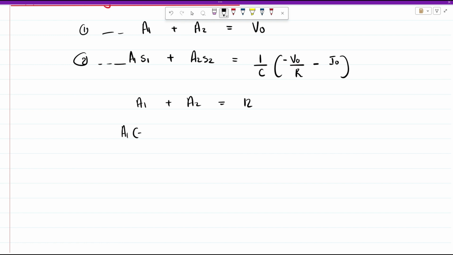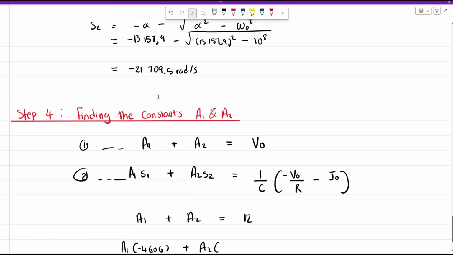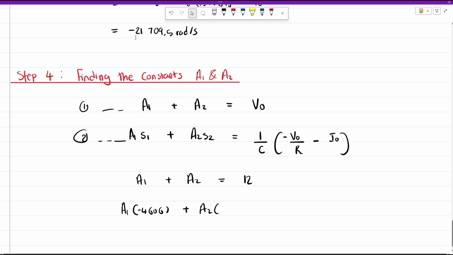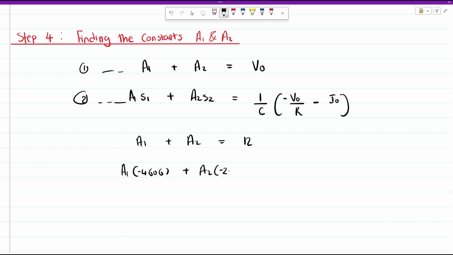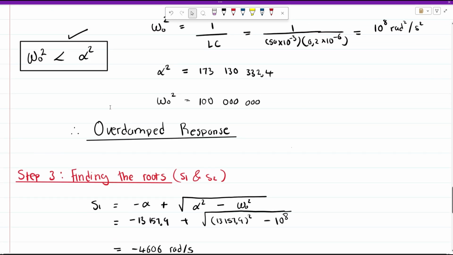So we're going to substitute that, minus 4,606, and then plus A2. We also substitute S2, which is negative 21,709.5. So we're going to have negative 21,709.5, and all of that is equal to 1 over capacitance, which we had previously.